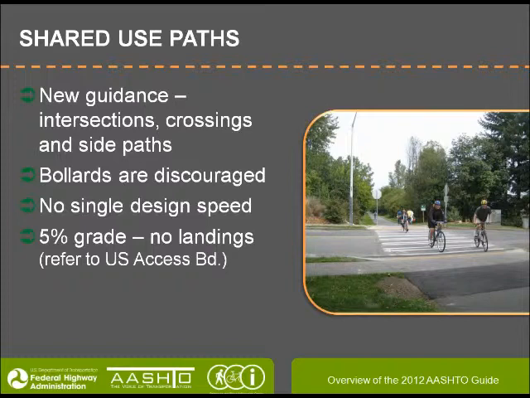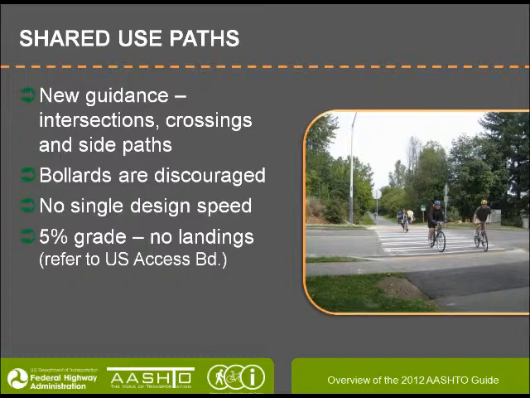And then finally, the guide cites guidance from the U.S. Access Board that was issued last year on accessibility of shared use paths for transportation purposes. And this is a significant change. A lot of agencies were applying standards for accessibility of building sites to pathways, and that will no longer be necessary.